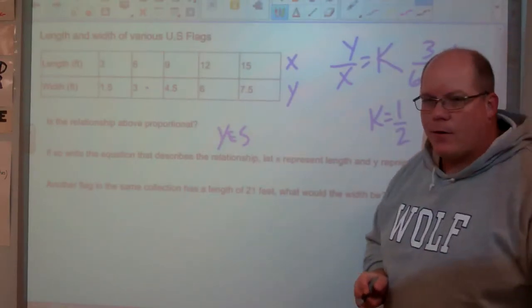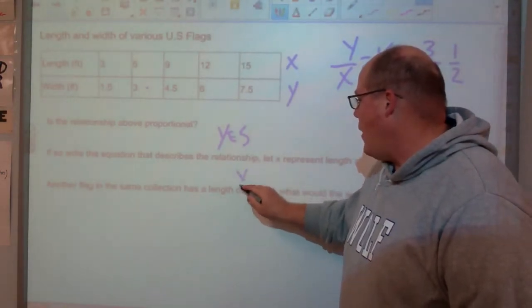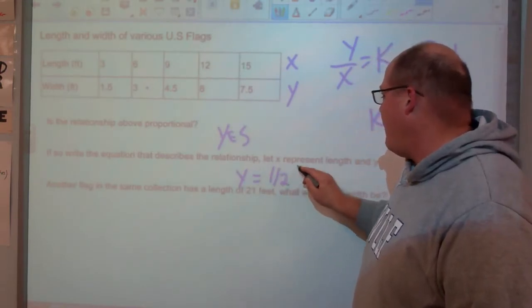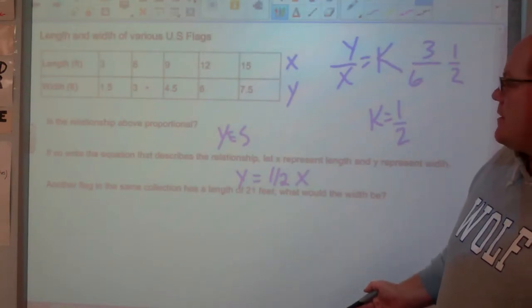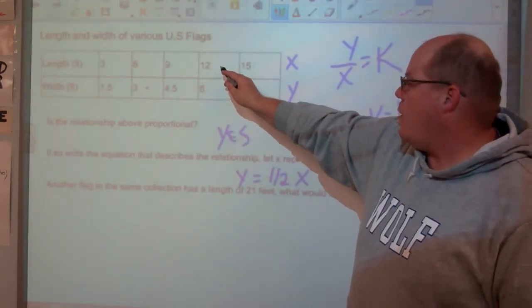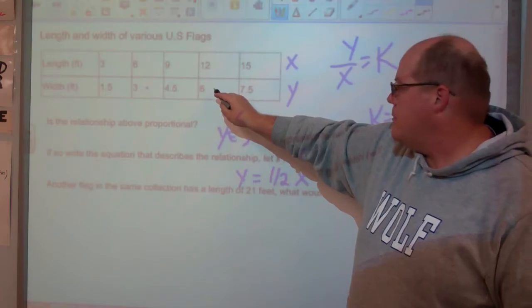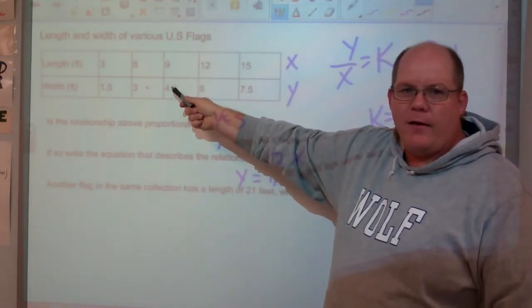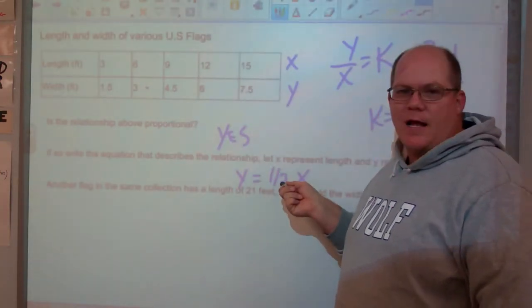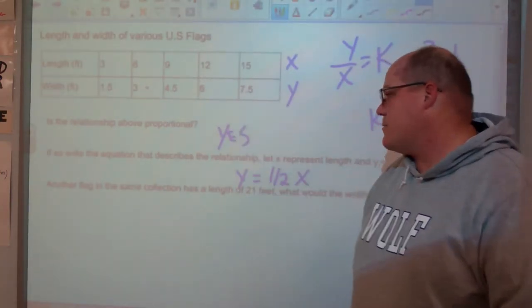So now we're going to write our equation: y equals 1/2 x. Let's see if that makes sense. x is 12. Is y 1/2 of that? 6? Absolutely. x is 9. Is y 1/2 of that? Absolutely. So is that logical? Does that make sense? Yes.